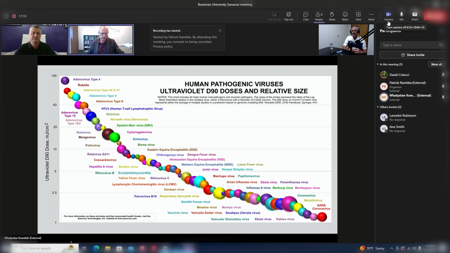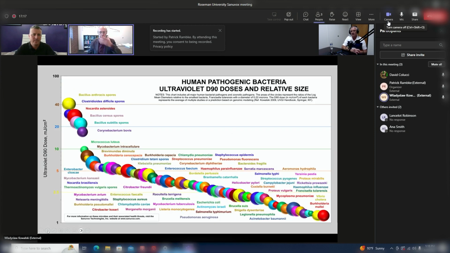And we also have one for bacteria. And again, the high-end bacteria are even weaker than the viruses. You can see here, surprisingly, nature has bunched up all the bacteria below 10 millijoules per square centimeter, which is a relatively low dose, easily achievable by any system.